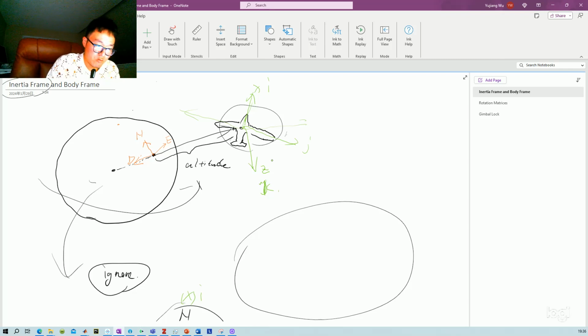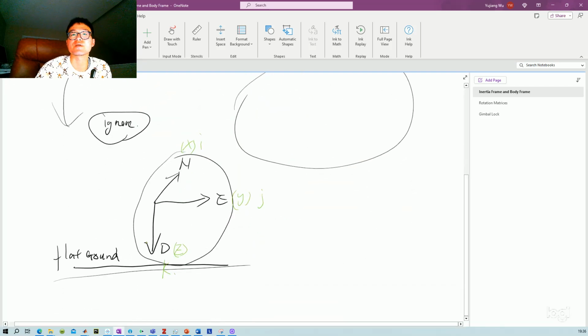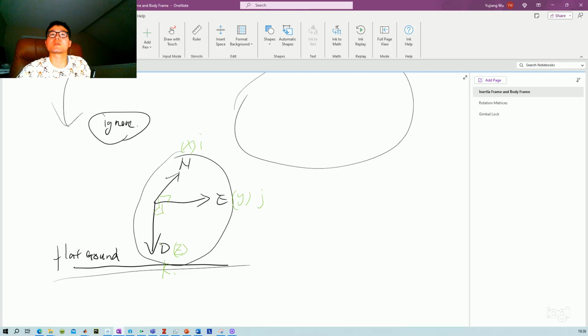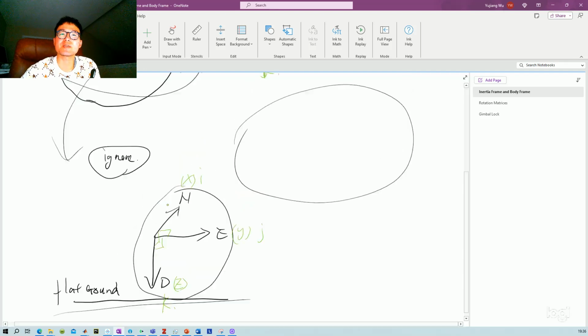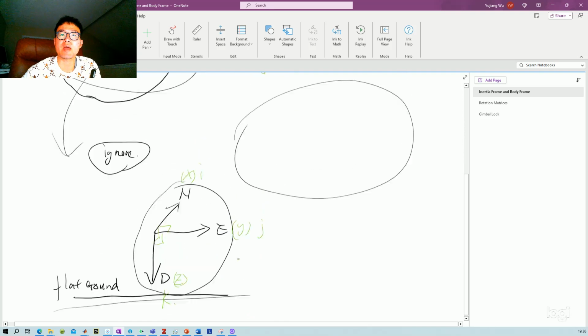So we draw it correctly, and this x, y, z of course are orthogonal to each other, 90 degrees from each other. So that covers the basics of the inertia frame and the body frame.